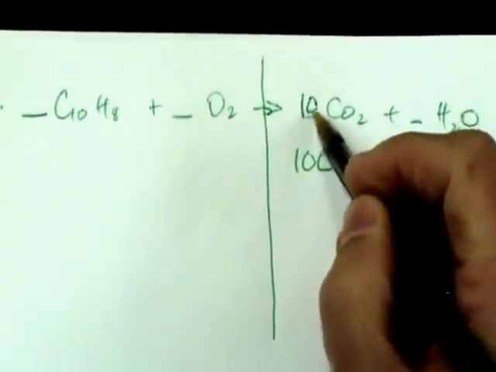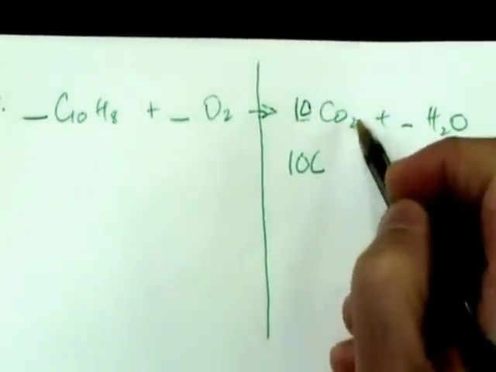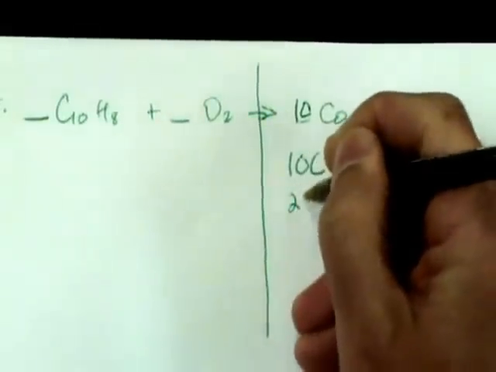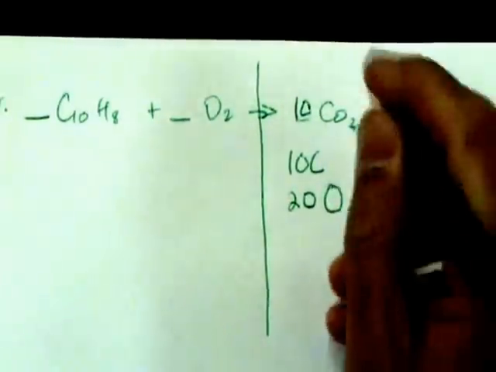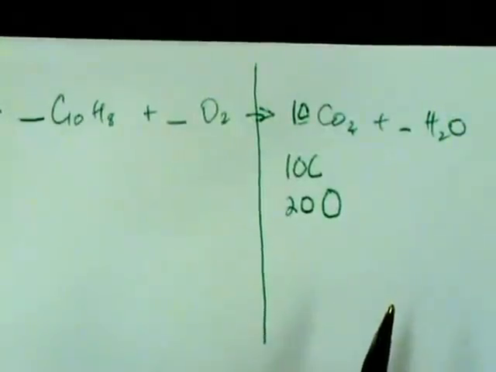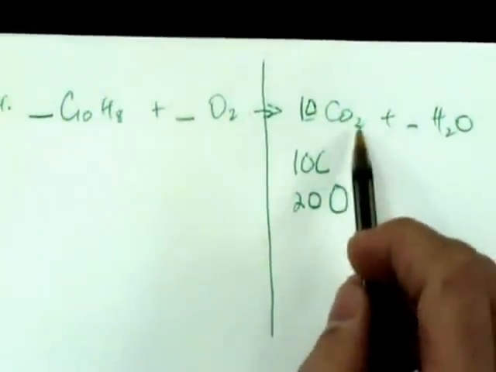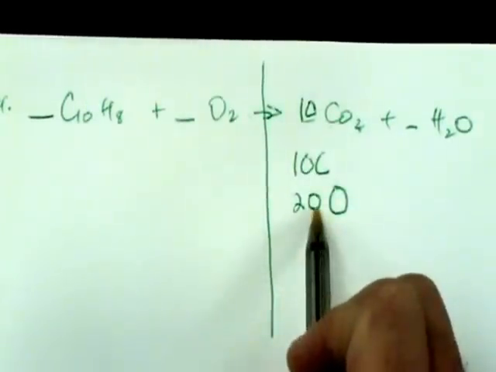Now, this is going to affect our oxygen. So that's going to make it 10 times 2. That gives us 20 oxygens. Now, if you look here, that's 20, right?